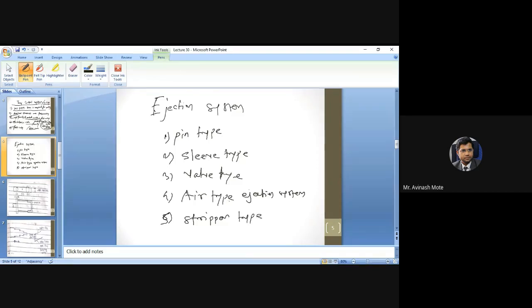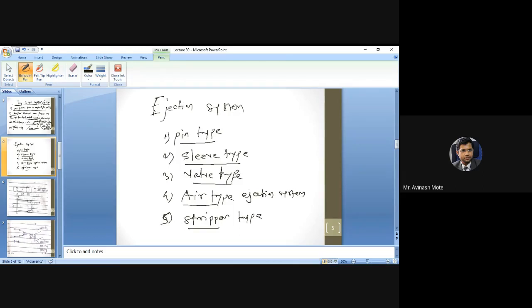So first one, pin type ejection system, that we discussed in compression molding. Second is sleeve type ejection system. Then wall type, ear type, and stripper type ejection system. Basically there are 5 different types of ejection system.